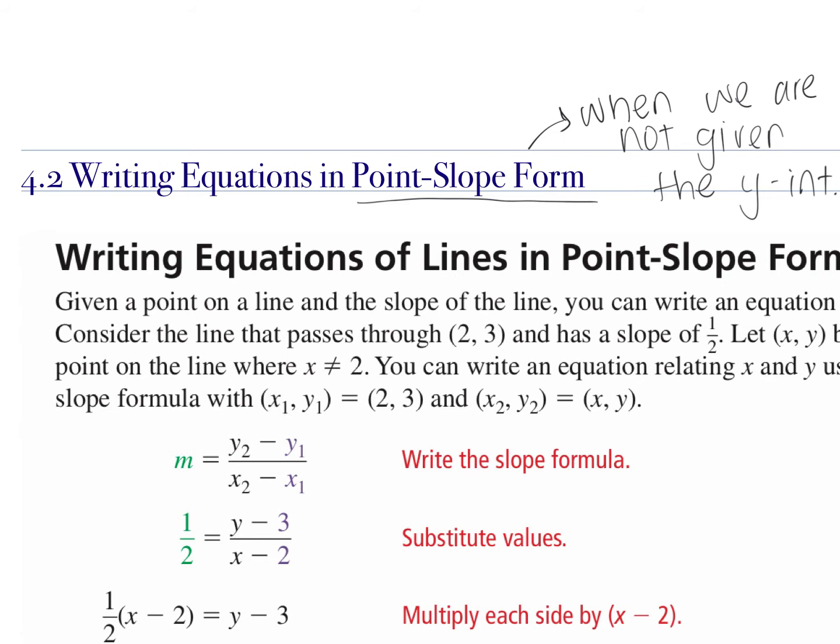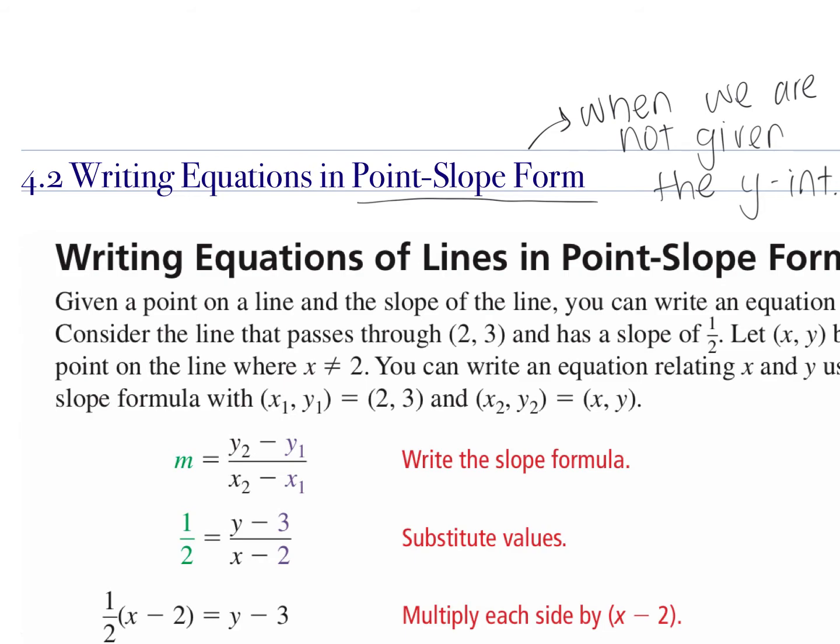For slope intercept, you need the slope and what point specifically? The y-intercept. So point slope, can you use any point? Yes, you can use any point that you want, as long as it's on that line. For slope intercept form, you need to use the slope and the y-intercept, okay?